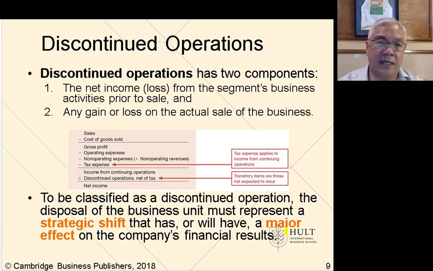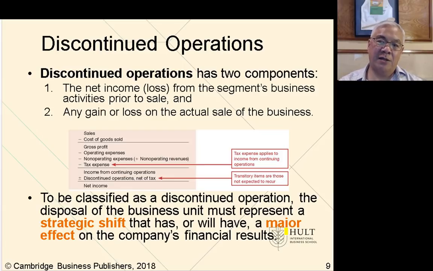And the reason we do that is, let's say we were in a business that had $50 million in product line A and $10 million in product line B. And the board of directors says, you know, this product line B is not making us money, will never make us money, and is not core to our business. Let's get rid of it, right?